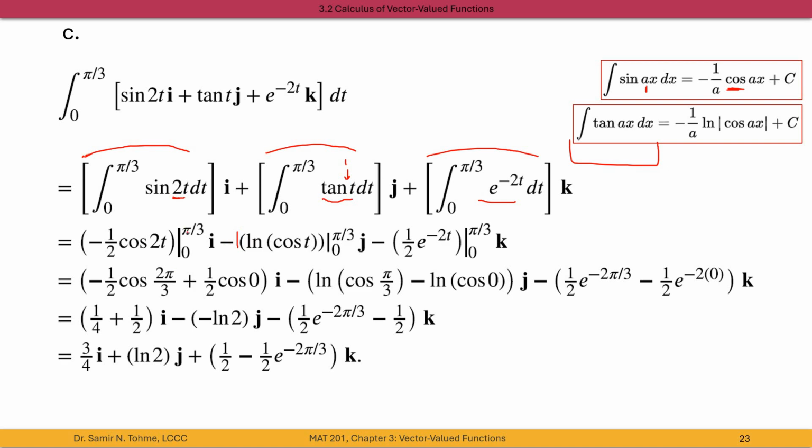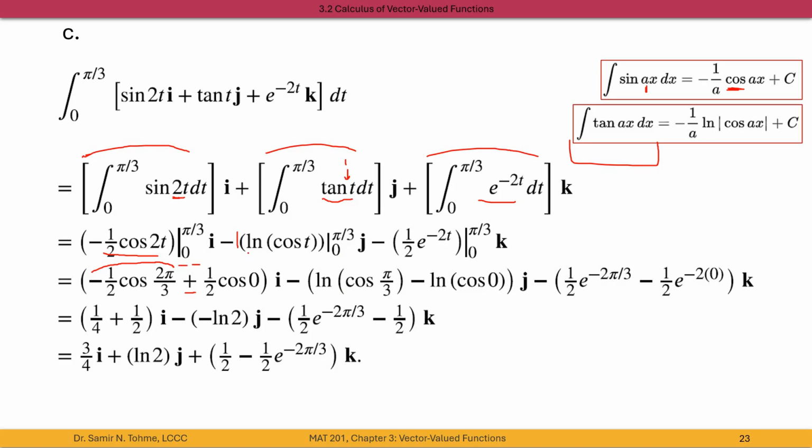Now, all you have to do is to replace pi over 3 in the cosine, and then minus, replace 0. Since minus times minus is positive, we're gonna write positive half cosine and replace 0 in the cosine.